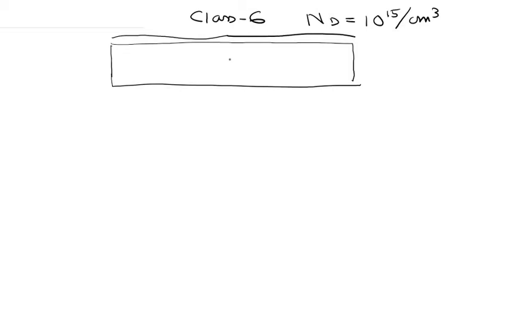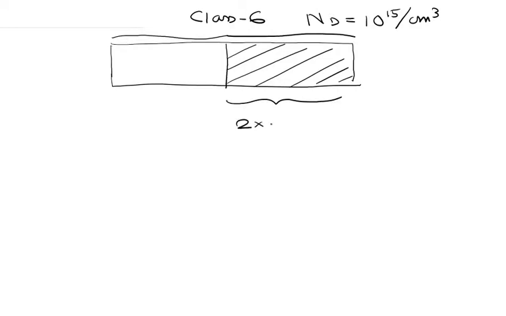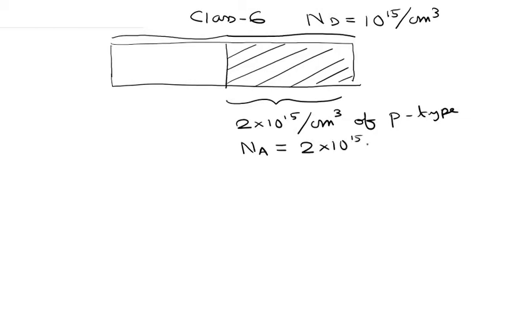Next, what we do is we dope the right part of this bar with 2 into 10 to the power 15 per centimeter cube of boron, let us say. So Na is basically 2 into 10 to the power 15 per centimeter cube.